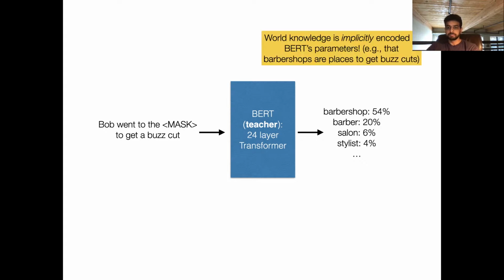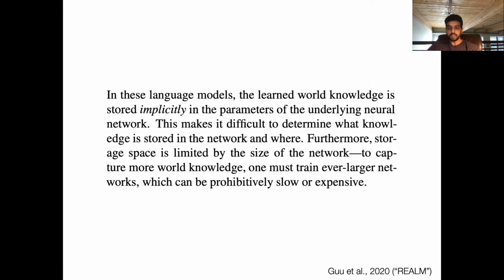So in this setup, which is the same setup that we've seen for all of the models that we've talked about to this point, we assume that the knowledge that the model has picked up from its data is implicitly encoded in its parameters. The first assigned paper that we had for today is called REALM, Retrieval-Augmented Language Model Pre-Training.